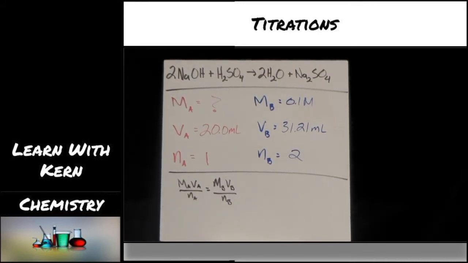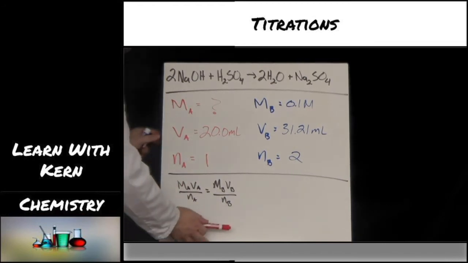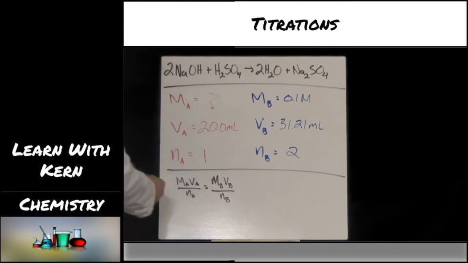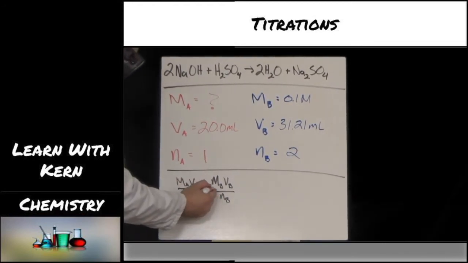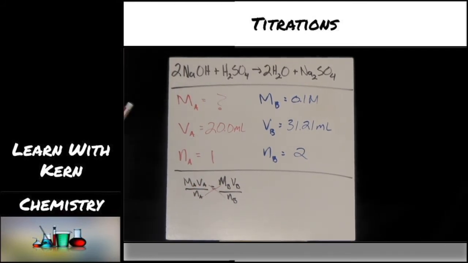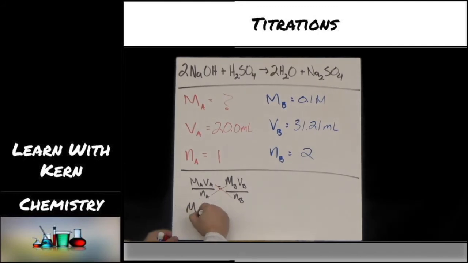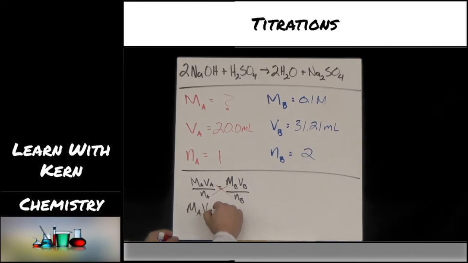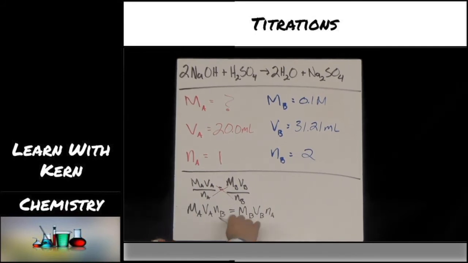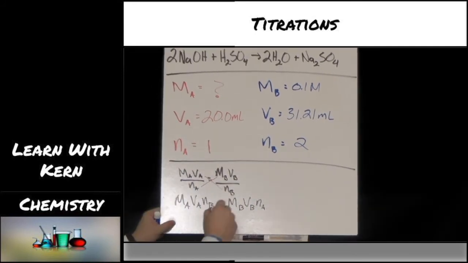So what we're going to do is use our titration equation to cross multiply to get MAVA times NB is equal to MBVB times NA, and then we're going to have to find the molarity of our acid.